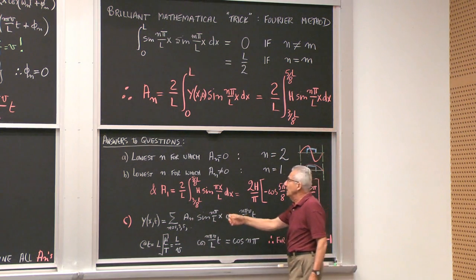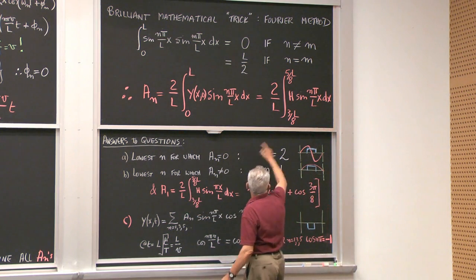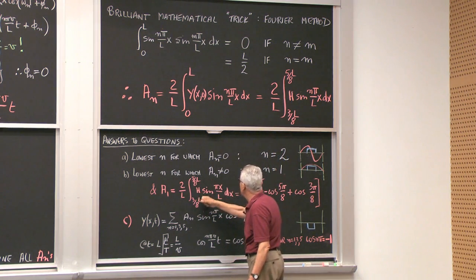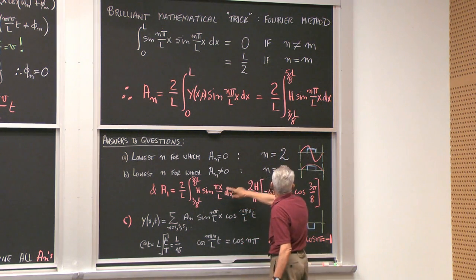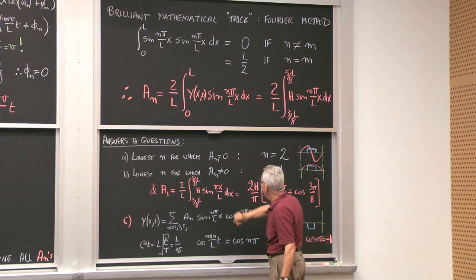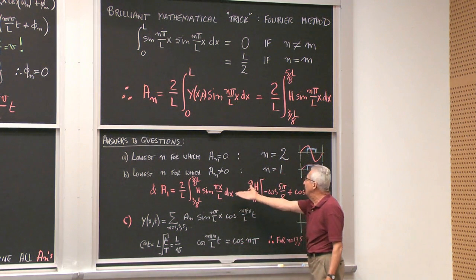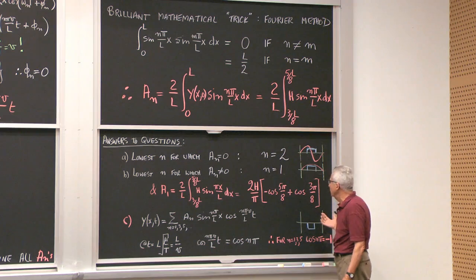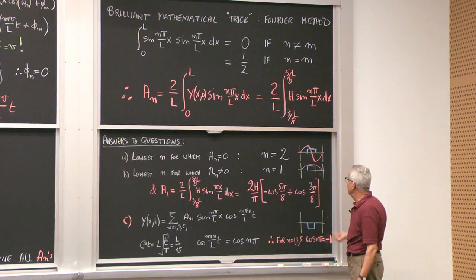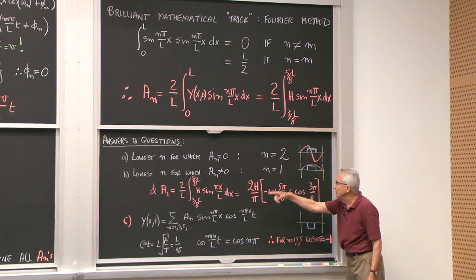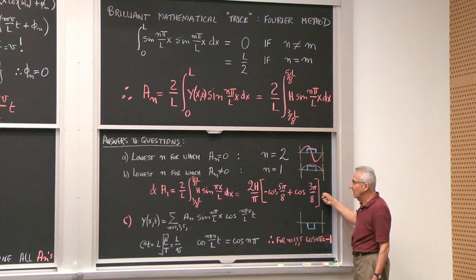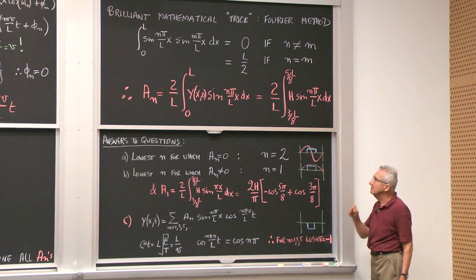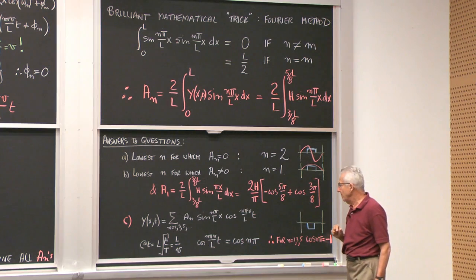So you take a1 is 2 over L, the integral from there to the h times this function where n is 1, right? And that, fortunately, is an easy integral to do. The integral of sine gives you a cosine, and putting in the limits, you get this answer. So that is our answer to that part of the problem.